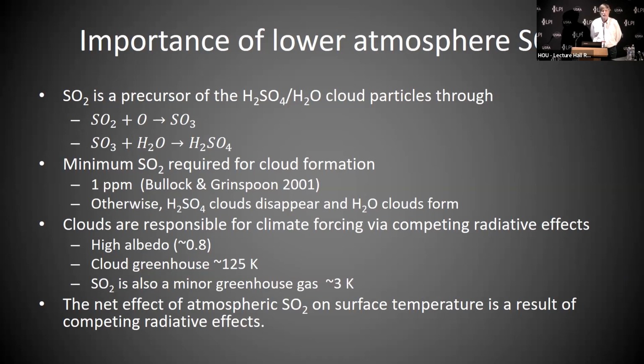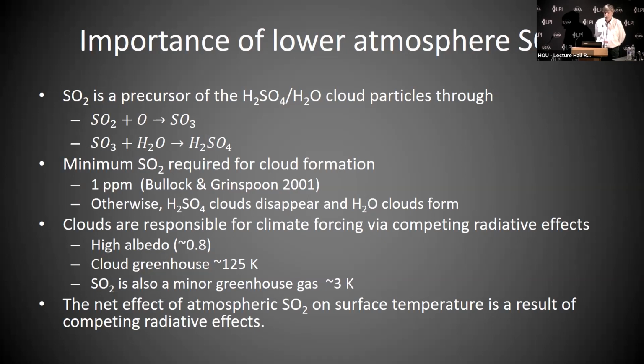The modeling work that David and I did in 2001, with a simple cloud model, showed that you need at least about a part per million SO2 to get cloud formation of sulfuric acid. Otherwise, as we go through our evolution models, we find that water clouds appear instead, even at fairly low water vapor abundances. And the sulfur is interesting because clouds are responsible for climate change via competing effects.